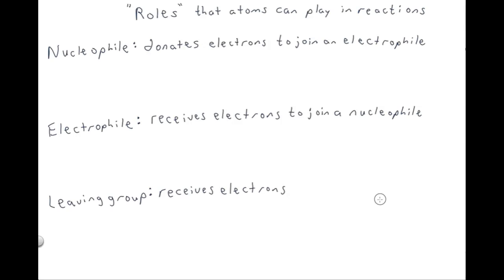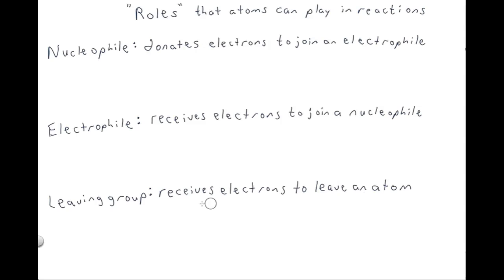So we need a second part of the definition to show how a leaving group is different from an electrophile. Well, we could say that a leaving group receives electrons to leave an atom. That's why they're called leaving groups, because they're leaving an atom behind.